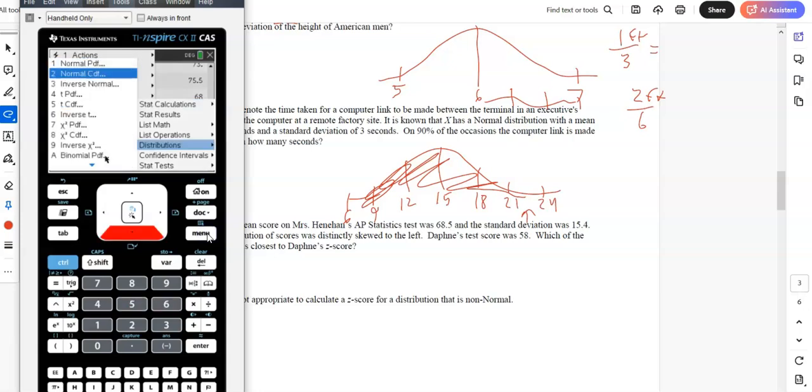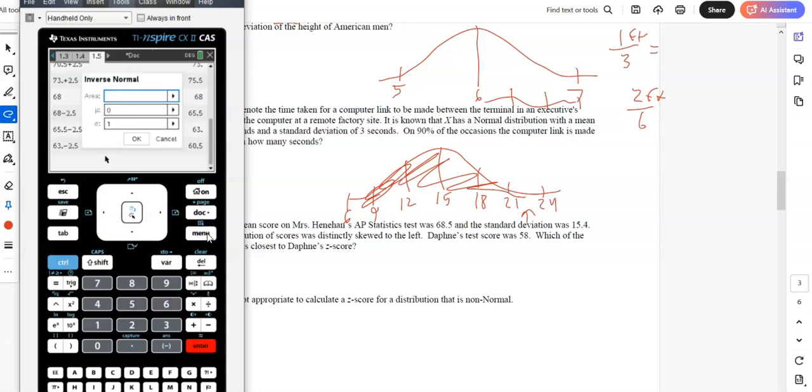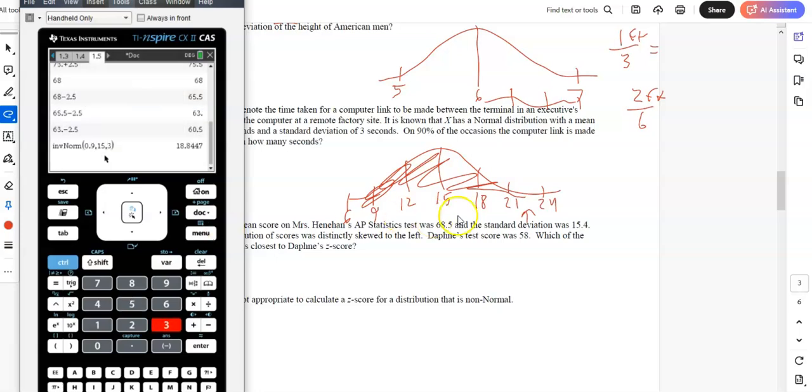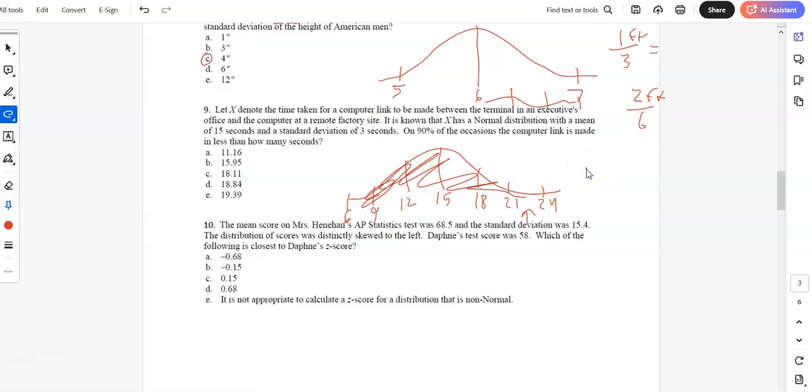I don't think that's normCDF. We need to know the values there. Let's go inverse norm, 0.9. Instead of leaving it at the default 0 and 1, let's put in the mean and standard deviation here, which are 15 and 3. So it should be 18.8. There you go.